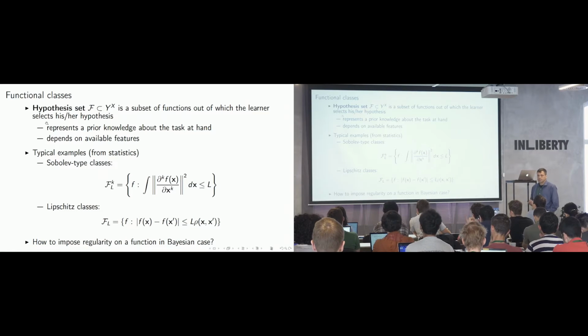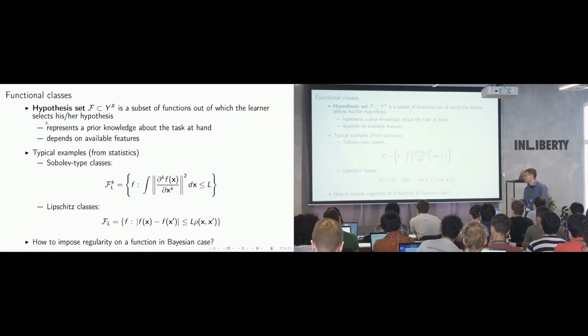First of all, in order to construct any regression function, we need to have some assumptions about the class of functions. And actually, the simplest class of functions is the linear class of functions. Also, we can consider, for example, polynomials, or we can impose some more complex constraints on the class of functions.